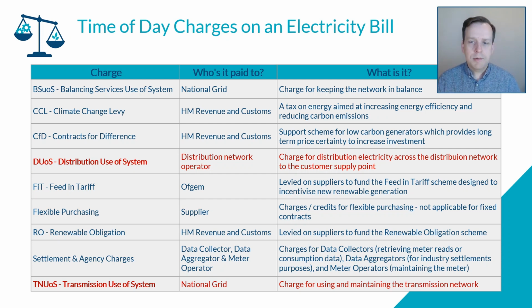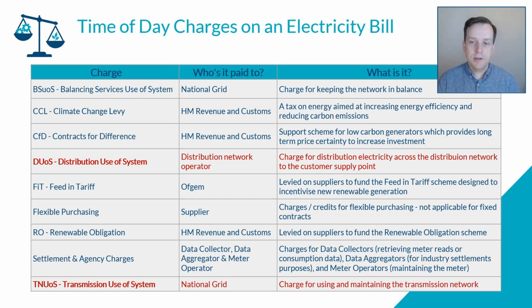Two we'll focus particularly on for the UK are DUOS and TUOS, so distribution use of system and transmission use of system. In the UK, we have National Grid, who are the transmission system operator, and distribution use of system is our local DNO.